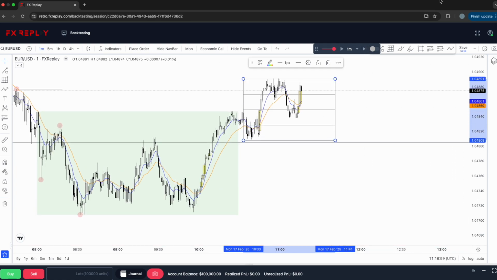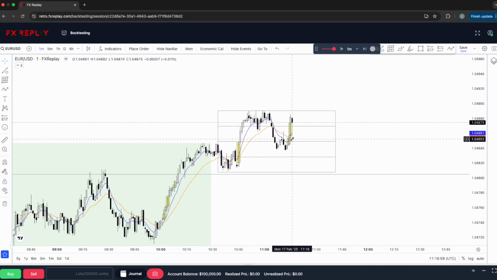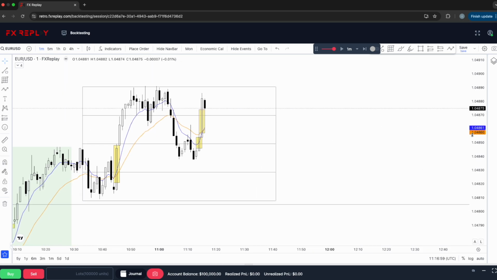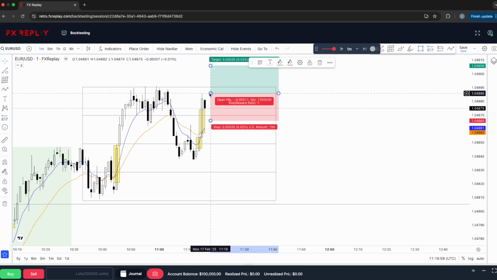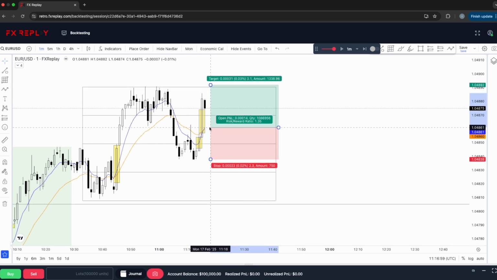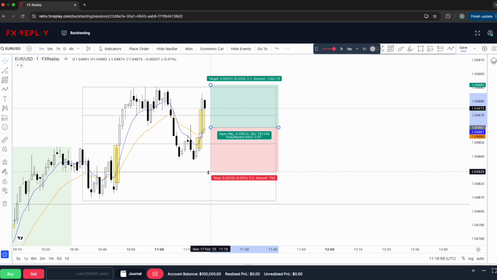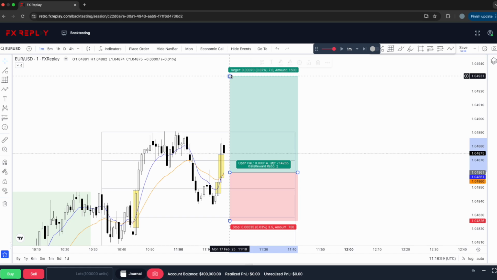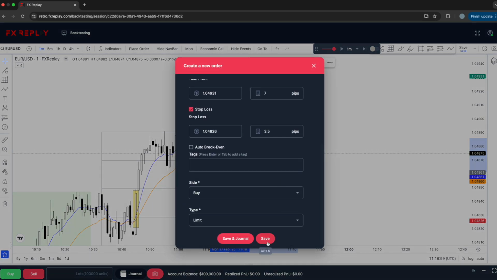Oh okay, so now obviously you can see the EMA has crossed over and this is an entry point for me, but what we don't want to do is just enter this and put a stop loss. Even though our stop loss is only 4.8 pips, it just doesn't meet this requirement. What I would like to see is price pull back, fill this fair value gap, and at least come down to 3.5 as my bare minimum stop loss, and a target of 1 to 2, then place the order.